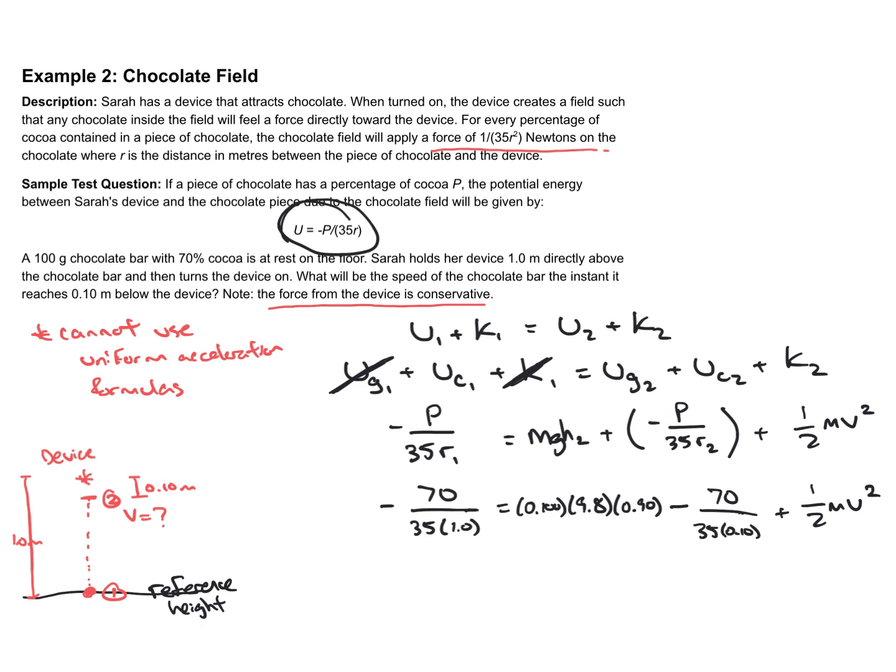Okay, so calculating these numbers out. On the left side, negative 70 divided by 35 divided by 1. That makes negative 2 joules there. On the right side, 0.1 times 9.8 times 0.9 is 0.882 joules of gravitational potential energy, minus 70 divided by 35 divided by 0.1.